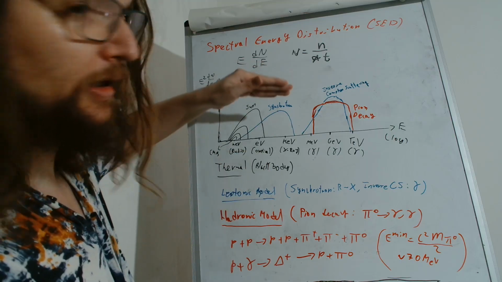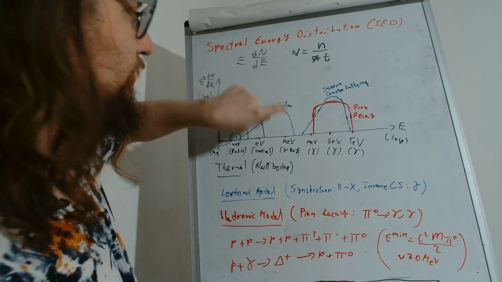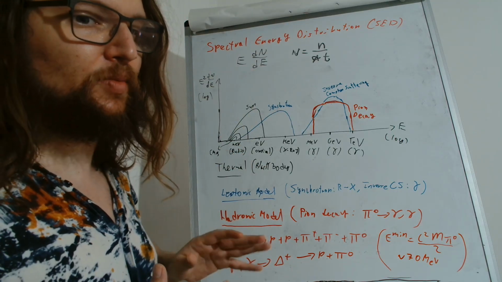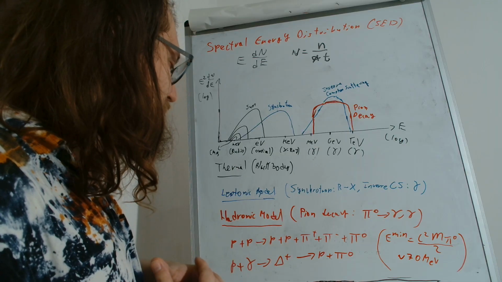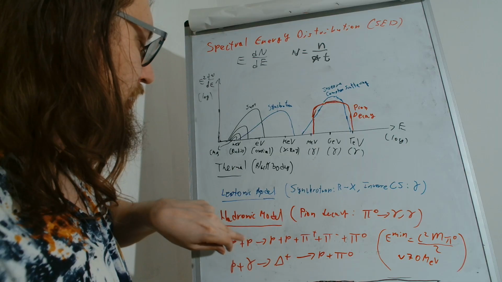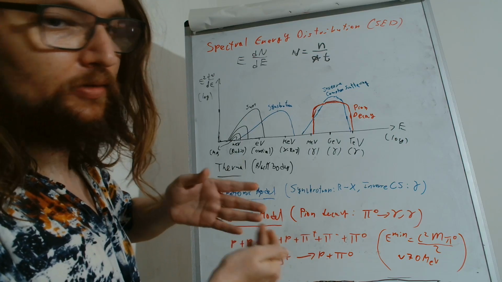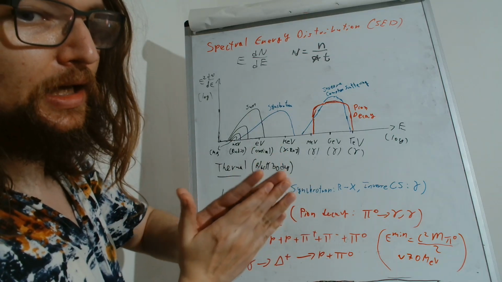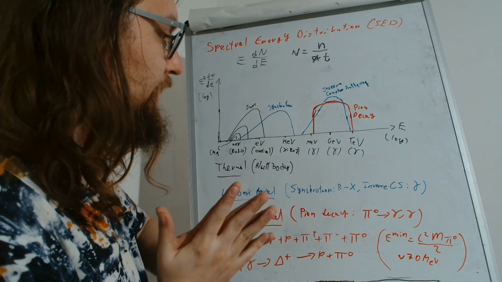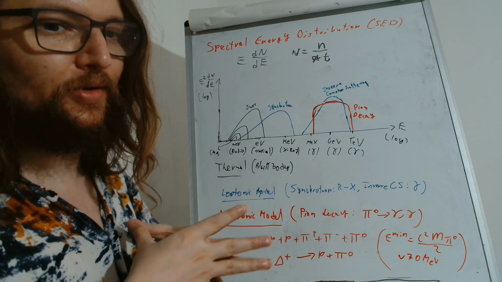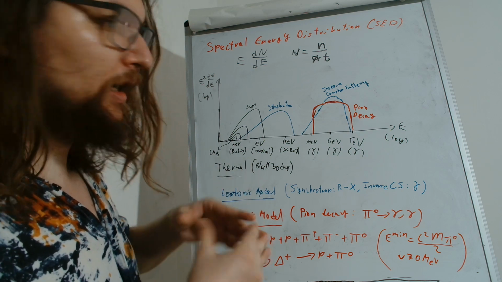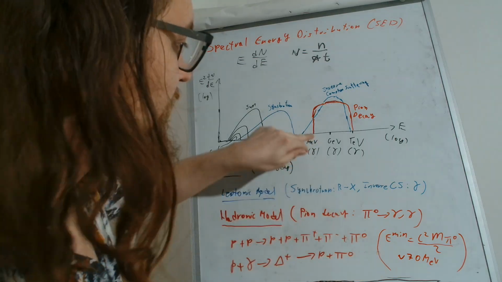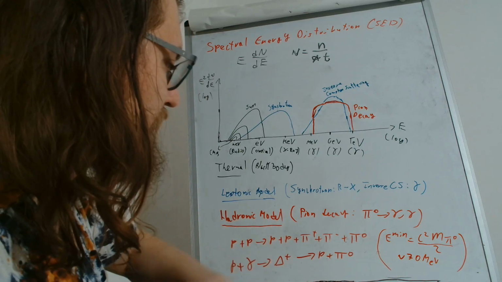The hadronic model is a little bit different because it does not have two peaks but only one, because synchrotron radiation is negligible for hadrons, and protons can collide with protons in acceleration sites. This creates pions, and the neutral pion decays into two gamma rays pretty quickly. The minimum energy for these gamma rays is half the rest mass of the pion, so these energies are at least 70 mega-electron volt.